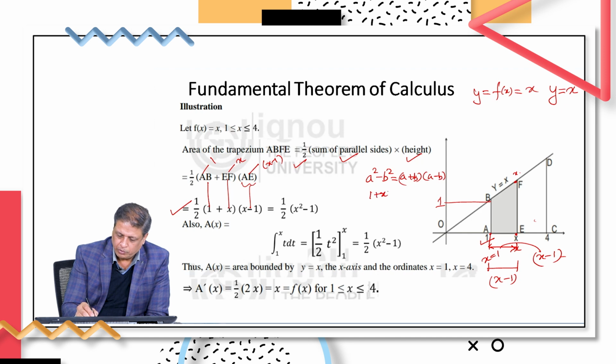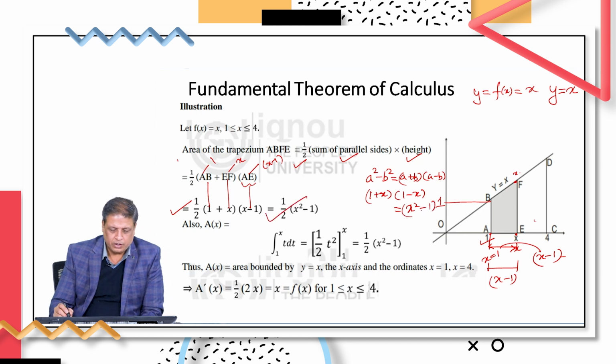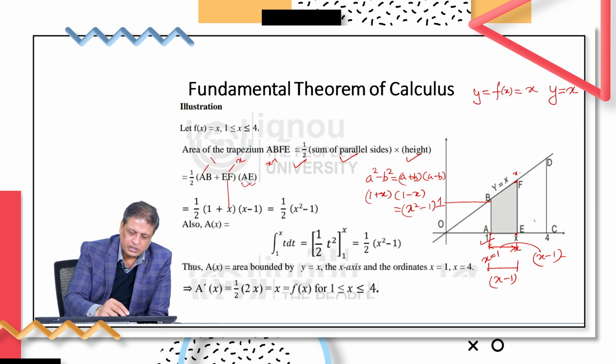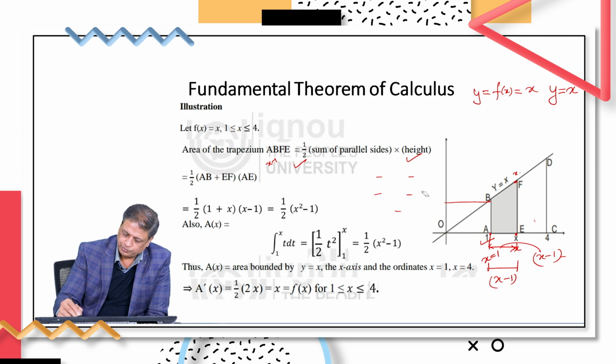So 1 plus x into x minus 1 turns out to be x square minus 1 square. This is the area under the curve as per the geometry. Now, let us apply the fundamental theorem and see what happens.